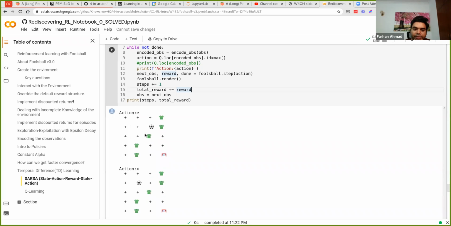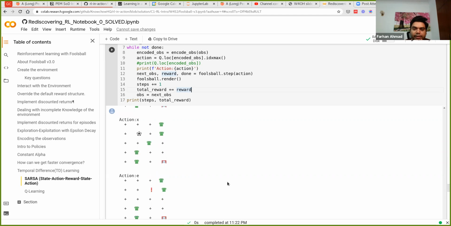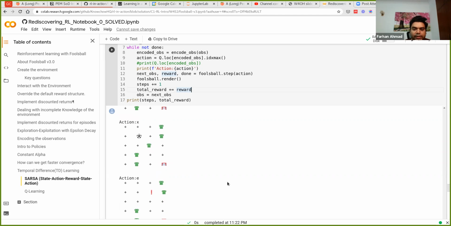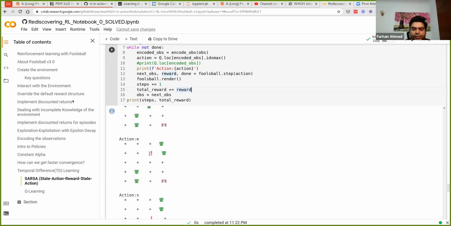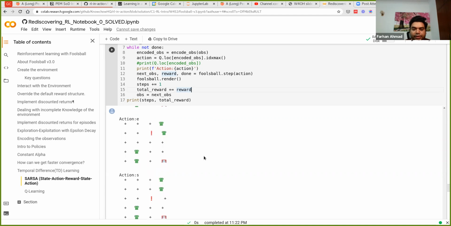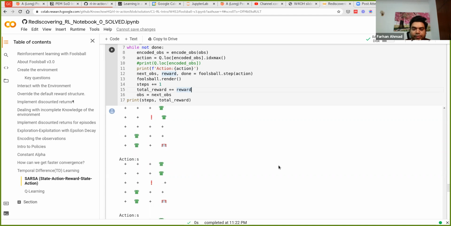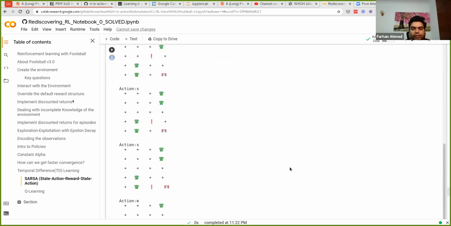But again, it reaches this point and it sort of comes back, and in that process, it tries to go east and then actually bumps into a defender, then tries to go south. The defender also moves south, and a lot of things happen.